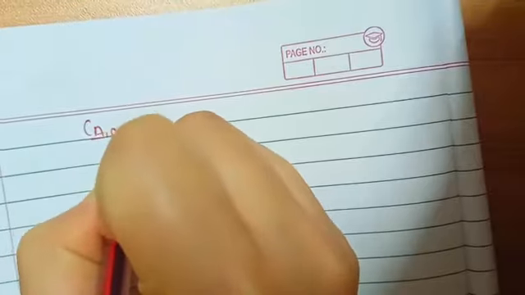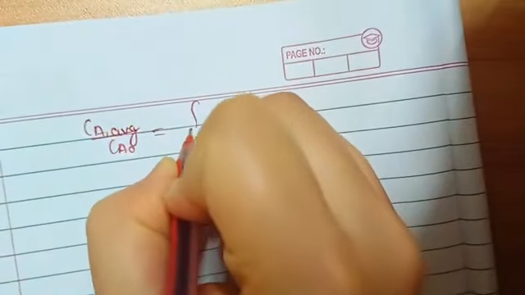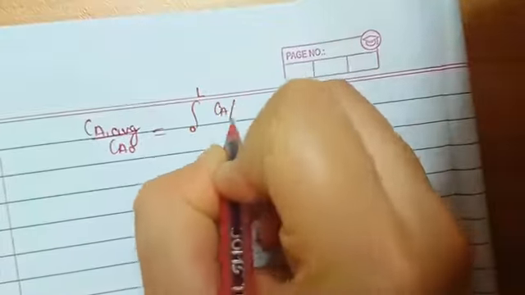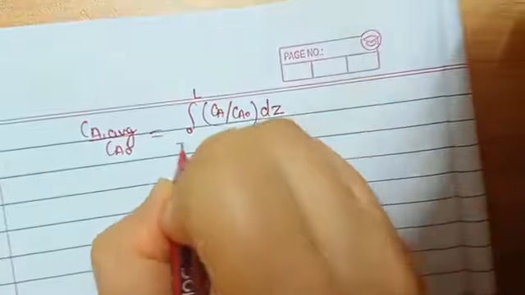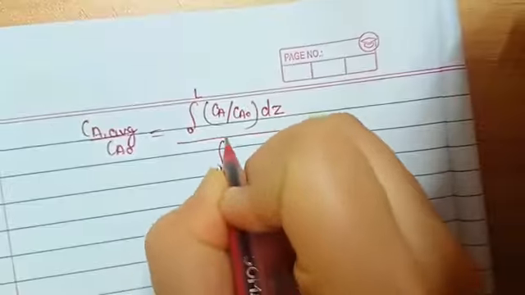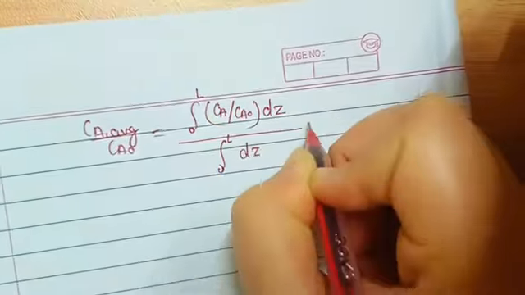So for evaluating the average concentration in the liquid phase, we need to use the formula Ca average upon Ca naught is equal to the integral from 0 to L of Ca upon Ca naught dz, upon the integral from 0 to L of dz.